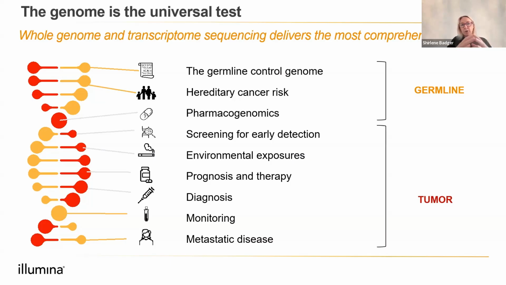Increasingly what we're finding is that we need to do more and more whole genome or whole transcriptome sequencing to develop the most comprehensive profile, for really understanding the broadest possible applications and how we can translate that.